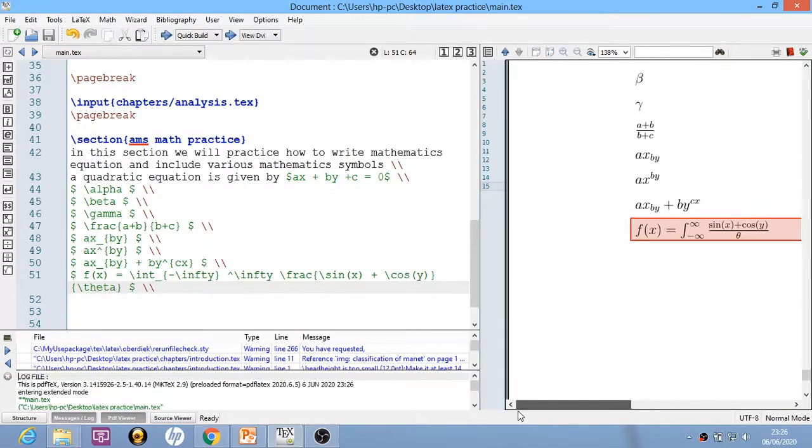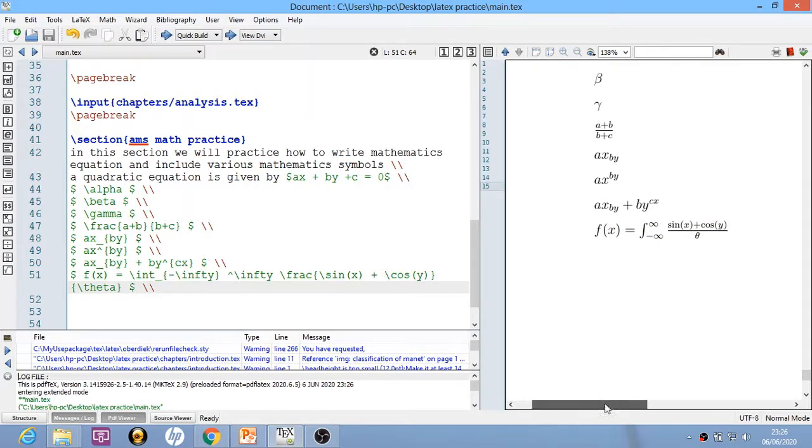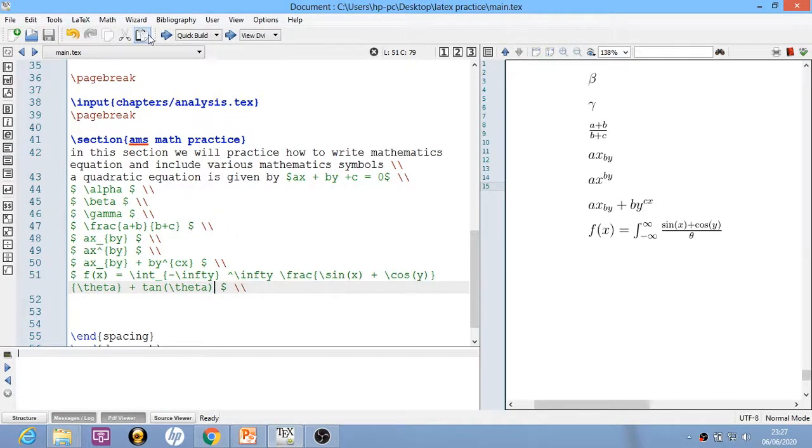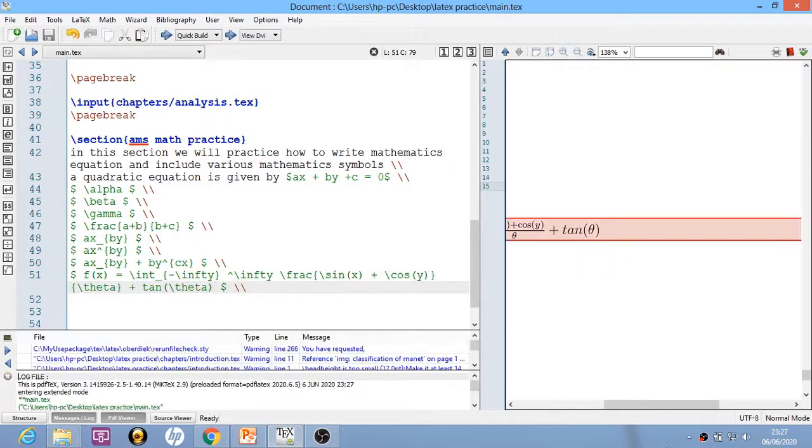Yes, now you can see that the equation will be displayed. Okay, now you can add a few more things over here if you want. Again, if you want to continue this, suppose you want to write tan theta, so again tan theta will appear over here. You can see this.